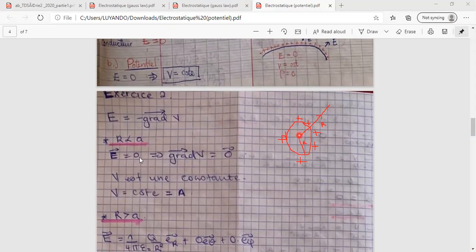If our E is equal to 0, then we have E equal to the negative grad of V. So if E is equal to 0, our V can be calculated by integrating.